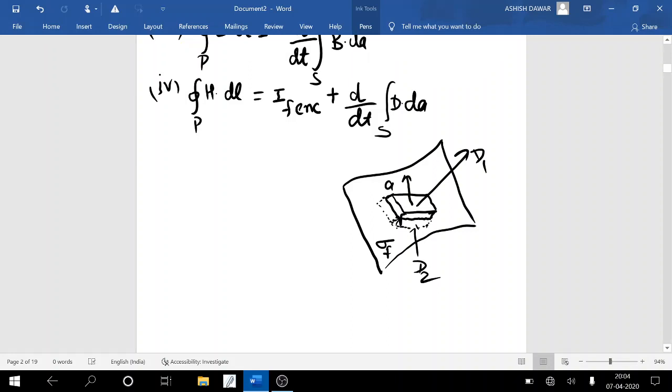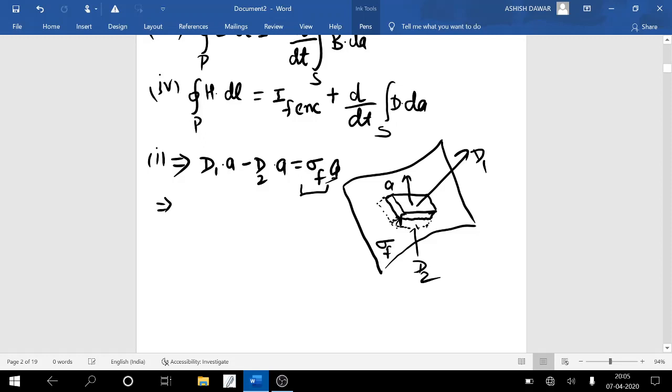Okay, so our first equation becomes D1 dot A minus D2 dot A equals sigma f A. As sigma is surface charge density per unit area, the total charge can be written as surface charge density per unit area into area.